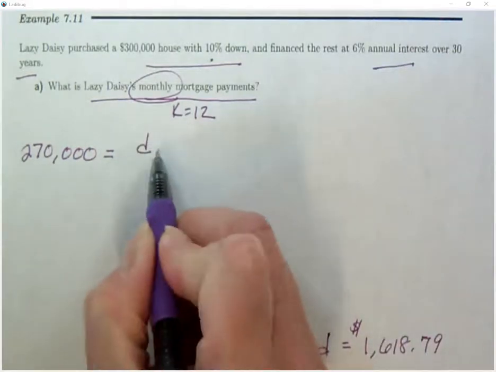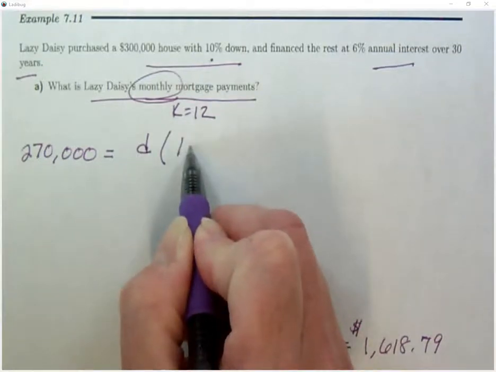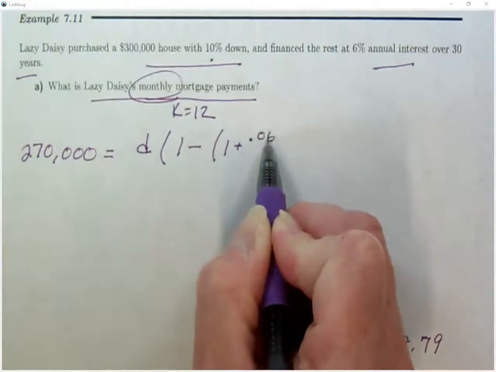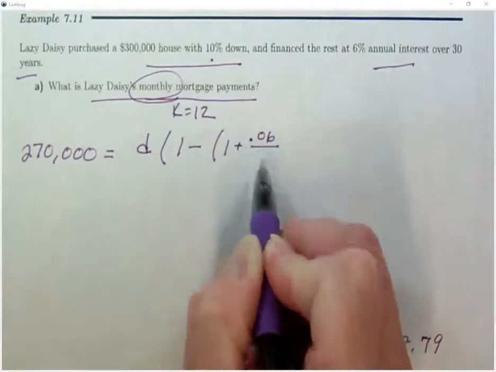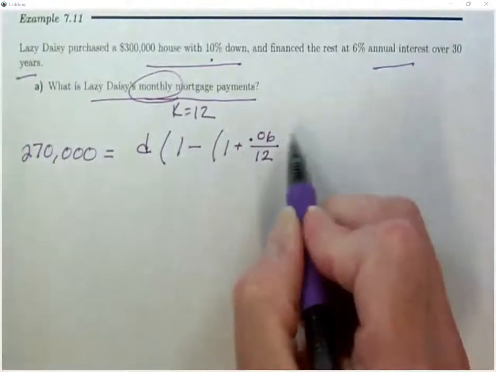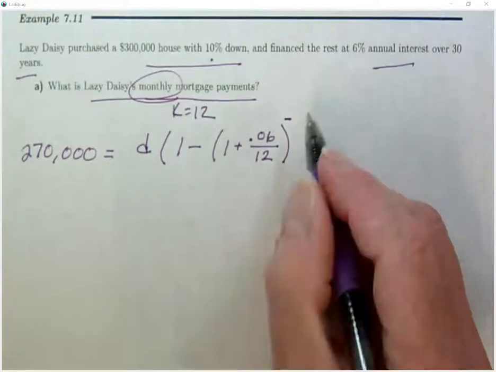We have D is what we're trying to find, those monthly payments. And then 1 minus 1 plus 0.06 is our annual interest, but we're looking at the periodic interest. It has to be divided by 12. Then we have, remember, it's a negative exponent on these.